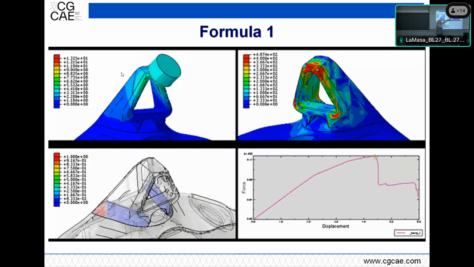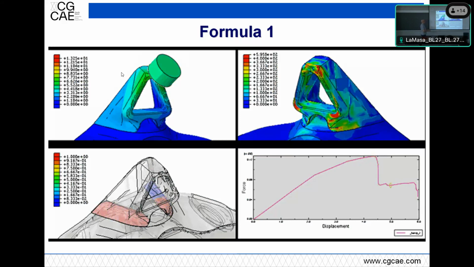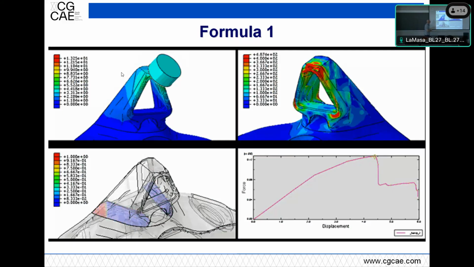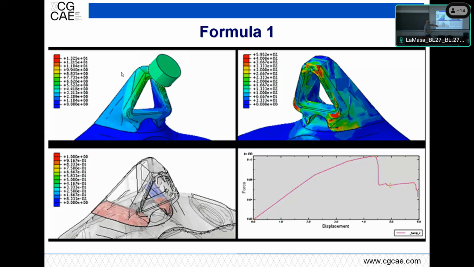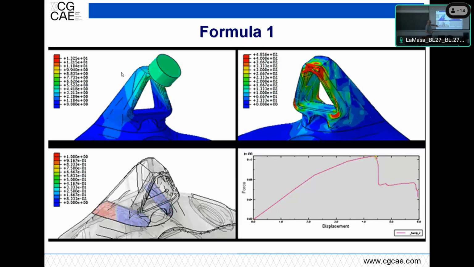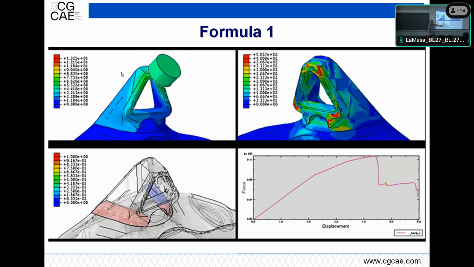Here is the von Mises stress, even if we allow for plasticization of the material, because regulation says that you can have damages up to a certain extent. And here is the damage in the glue. So you see at a certain point it starts failing, and then the failure progresses until the complete debonding.